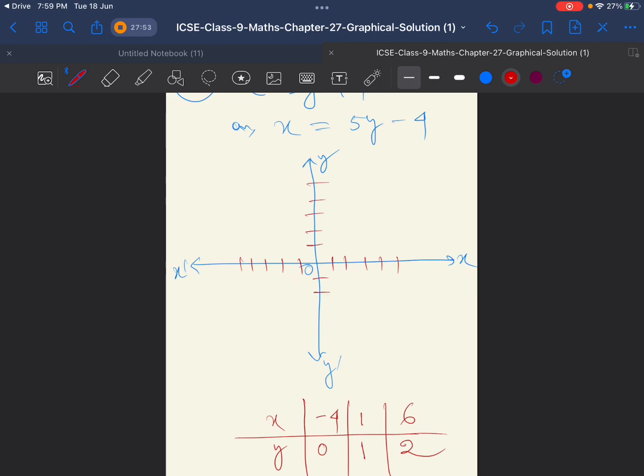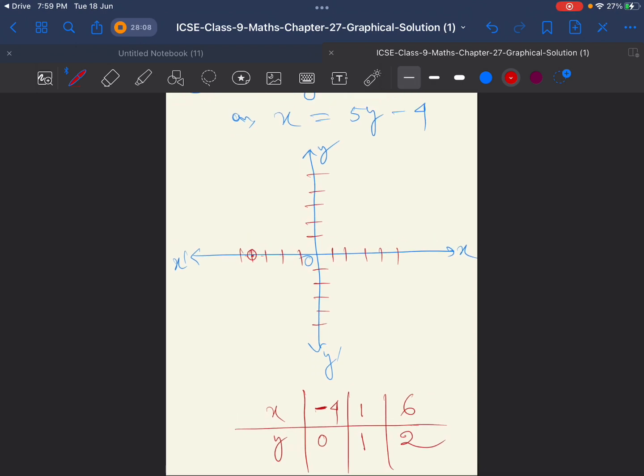So count 1, 2, 3, 4, 5 on each axis. The point (-4, 0): here on the negative side of the x axis, this is 1, 2, 3, 4 and 0. Then the point (1, 1): this is 1, this is 1, this point is here.